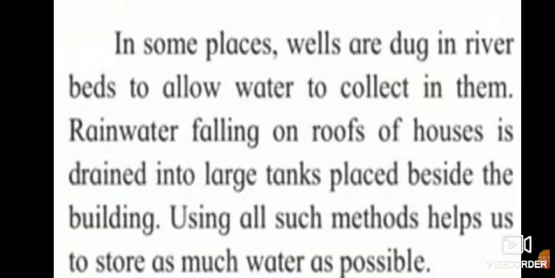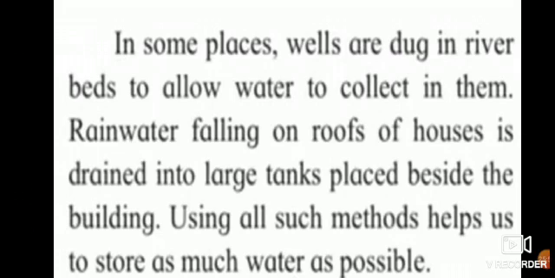Now, in some of the places wells are dug in riverbeds to allow water to collect in them. Rainwater flowing on roofs of houses is drained into large tanks placed beside the building.